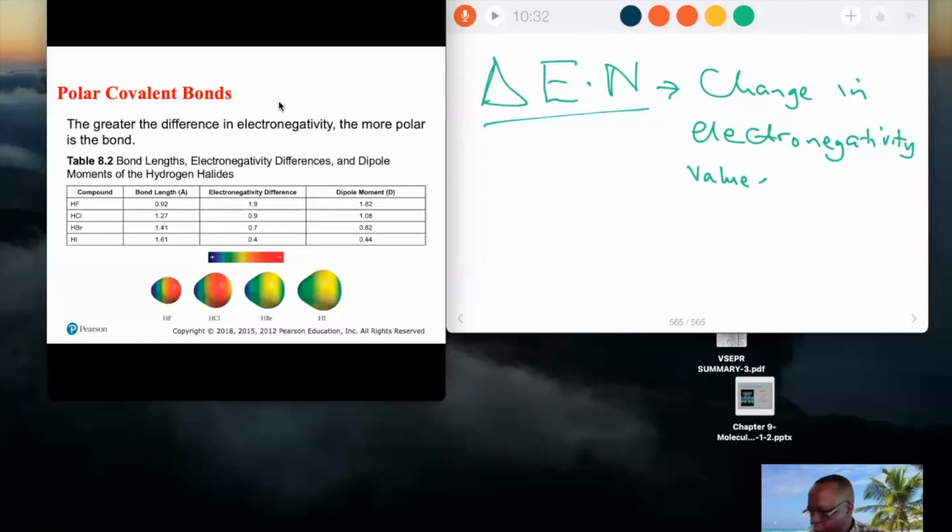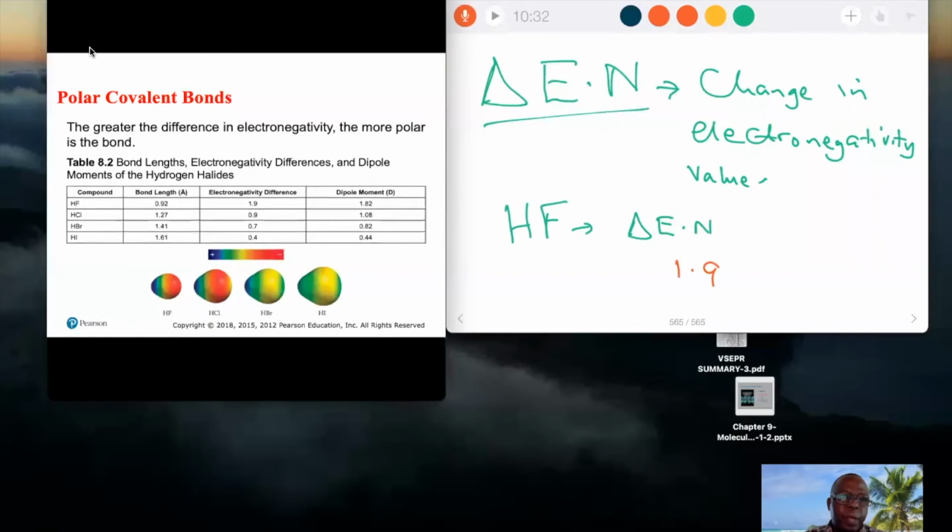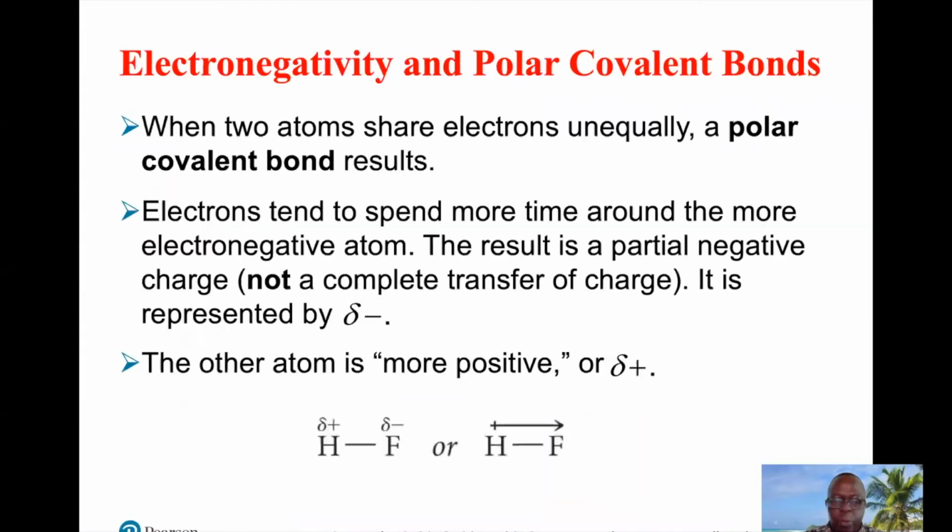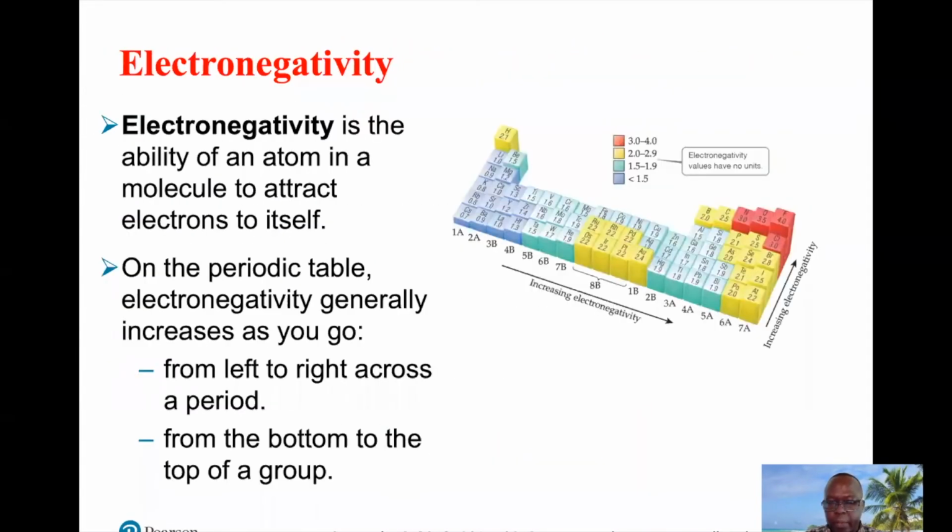If you look at hydrogen fluoride, we have a change in electronegativity value of 1.9. Where is 1.9 coming from? If I go back to this table right here, fluorine is 4.0 and hydrogen is 2.1.